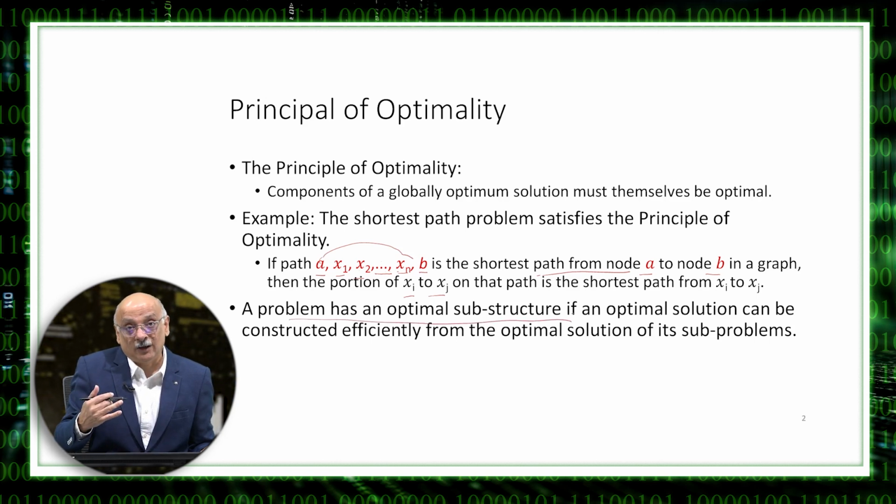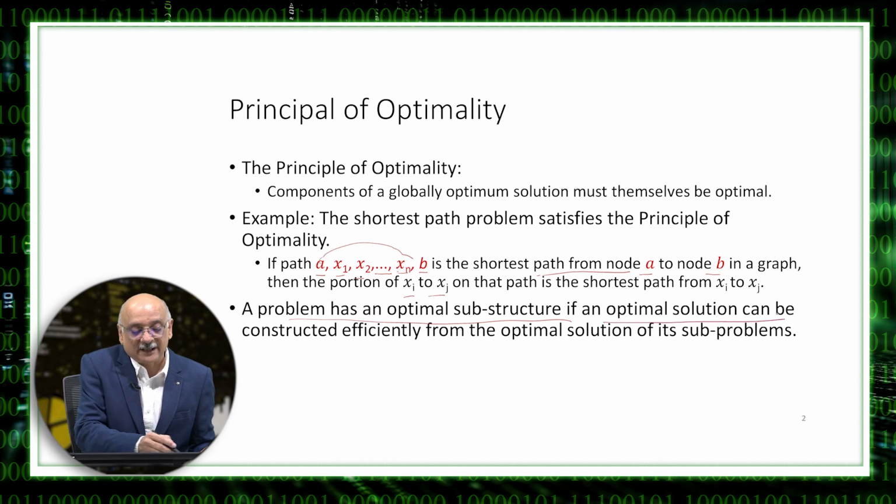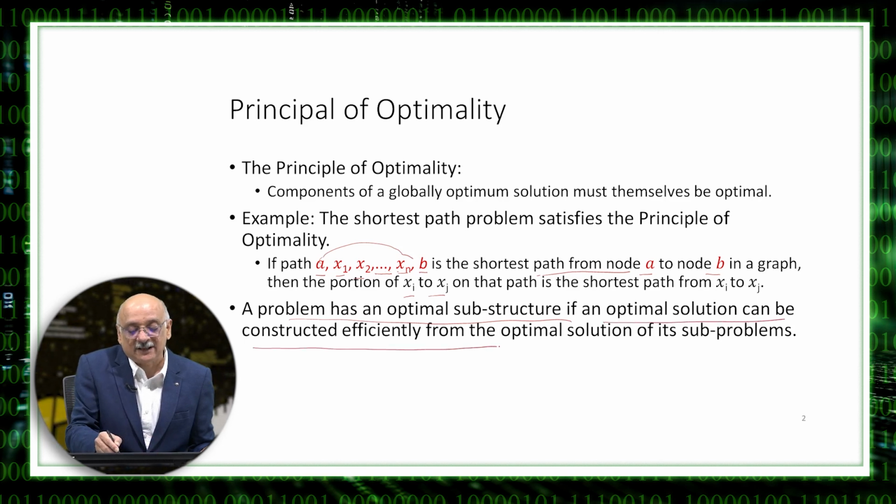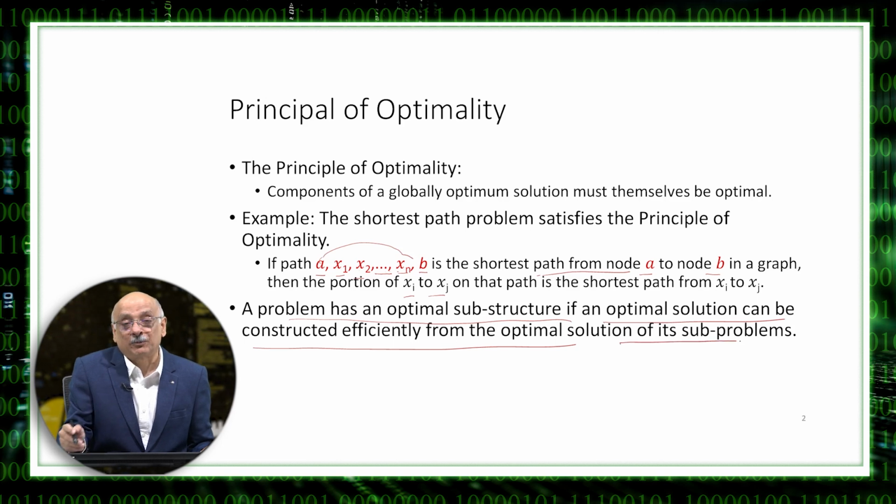This is called an optimal substructure if an optimal solution can be constructed efficiently from optimal solutions of its subproblems.